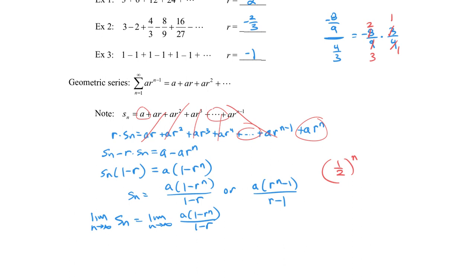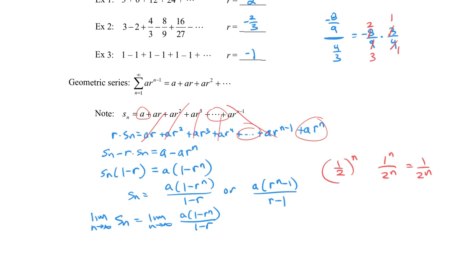You could think of this as being 1 to the n over 2 to the n. Well, 1 is just going to be 1, but this is going to be 2 to the n. So n gets huge, the denominator gets huge, and you have 1 over a giant number, the limit of which would be 0, right? We could make this as small as we want just by letting n get big enough.